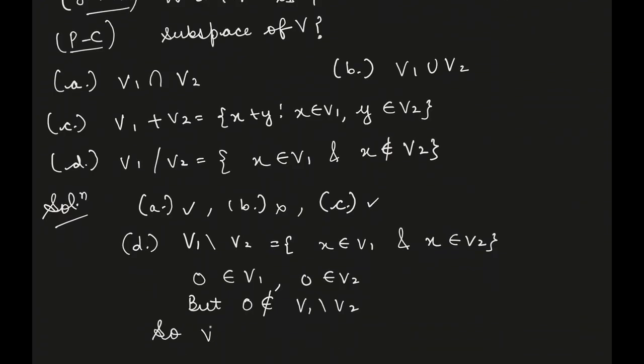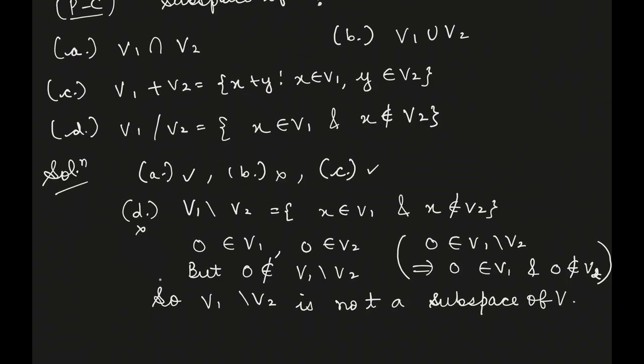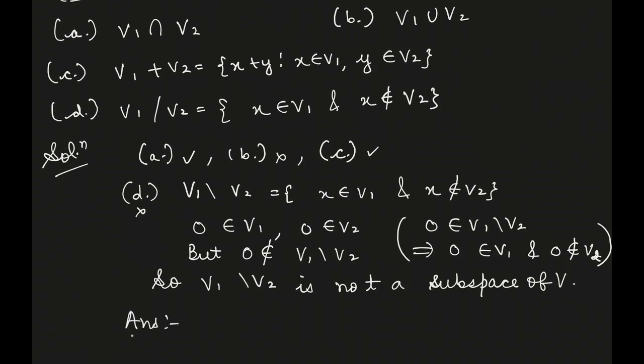So V1 minus V2 is not a subspace of V. Because if I say that 0 belongs to V1 minus V2, then I will say that 0 belongs to V1 and 0 does not belong to V2. But V2 is a subspace, so additive identity is already present in this. So 0 does not belong to V1 minus V2. That's why it is not a subspace. So answer will be A and C.